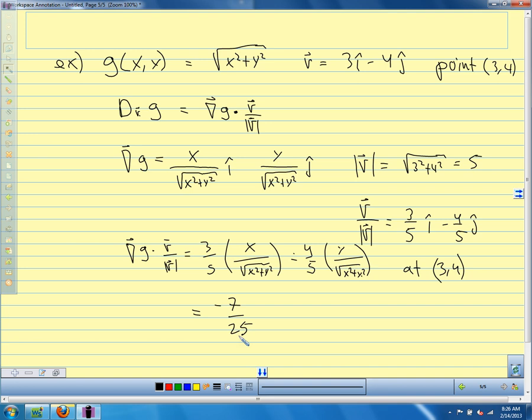All right, really quickly, we're almost out of time. I want to tell you some properties of the gradient, and then we'll talk more about the gradient tomorrow.